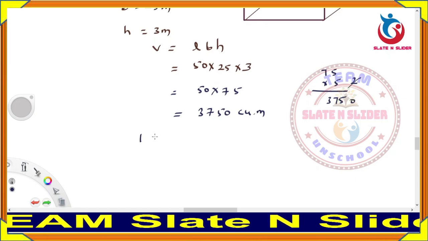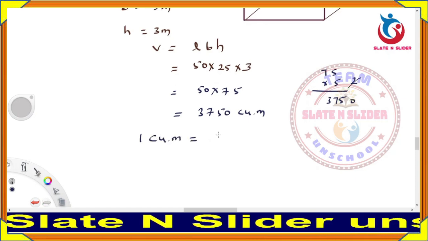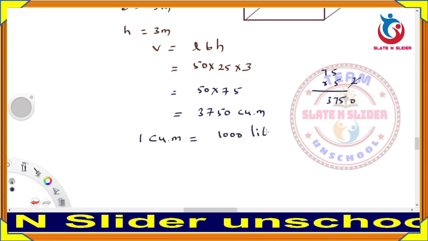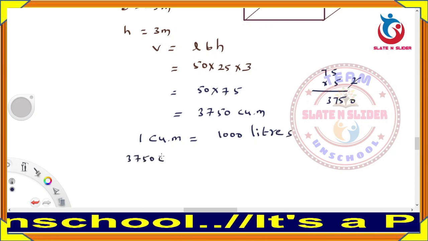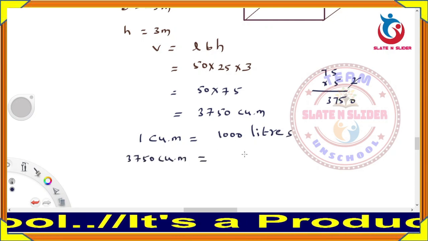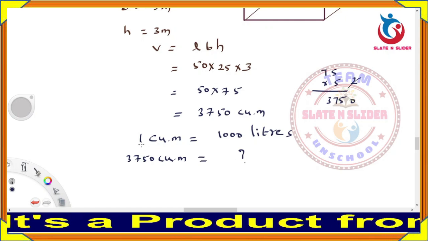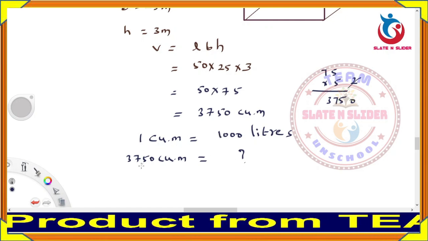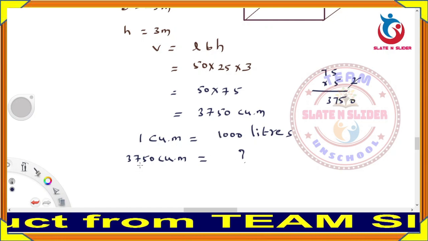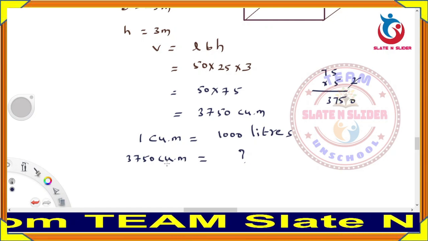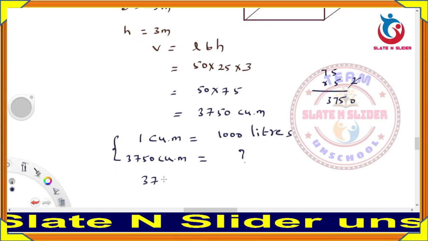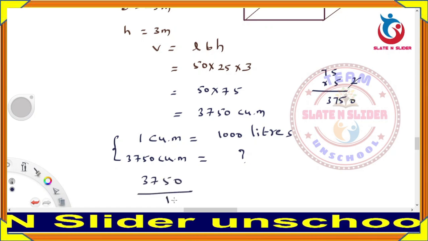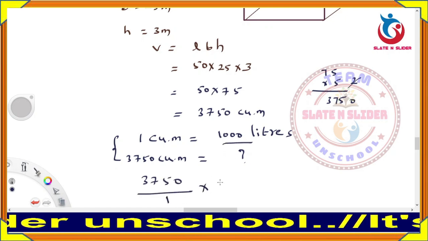1 cubic meter is equal to 1000 liters. Then 3750 cubic meters is equal to how much? Just observe, for 1 cubic meter it is 1000, then for 3750 cubic meters is it more or less? More. So from these two values we should take the more first, more by less. Less is 1, into 1000.